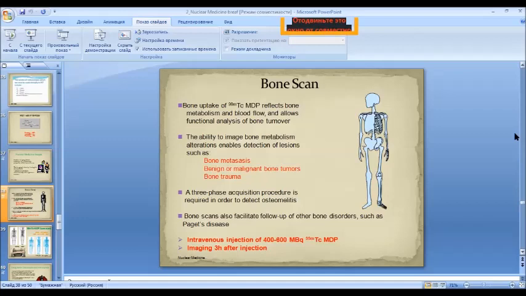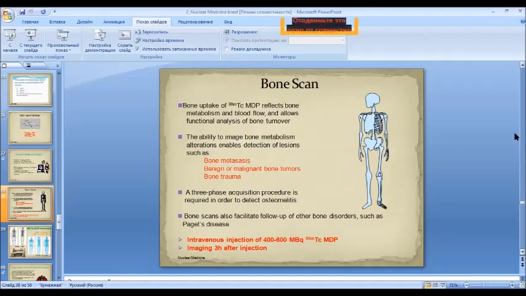Bone scan. Bone uptake of technetium reflects bone metabolism and blood flow and allows functional analysis of bone turnover.